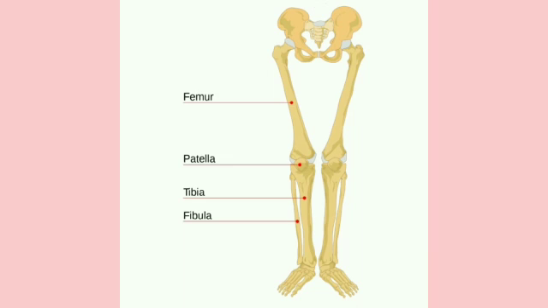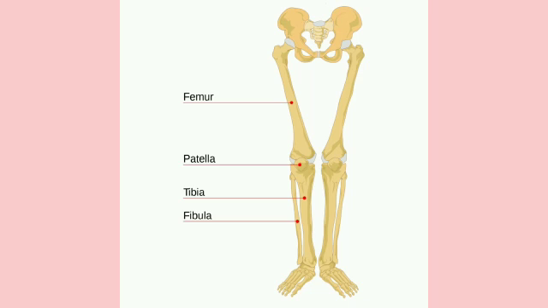Next one is the arm bones. Arm bones means hand bones. In the upper arm we have one single cylindrical bone, which is very hard and strong. This bone is called the humerus, the upper arm bone between the shoulder and the elbow. There are two bones, namely radius and ulna, between the elbow and the wrist.